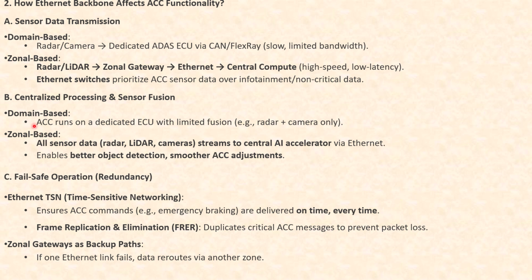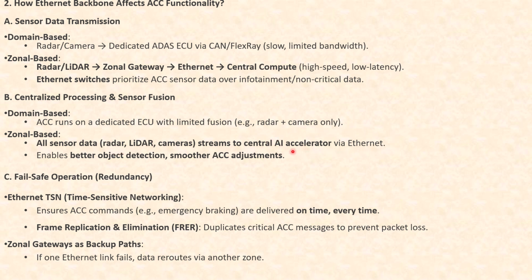Now, when it comes to central processing and sensor fusion, domain-based ACC runs on a dedicated ECU with limited fusion. Example: radar plus camera only. Because of the dedicated ECU, only limited fusion is possible. But when it comes to zonal based, all the sensor data streams to a central AI accelerator via Ethernet.